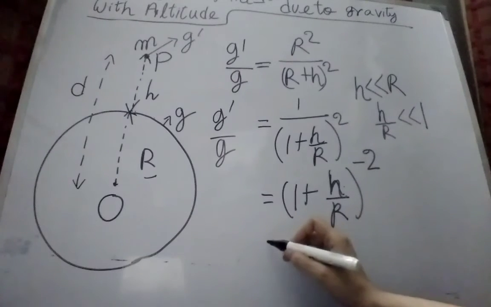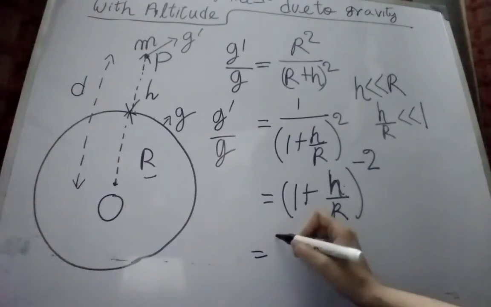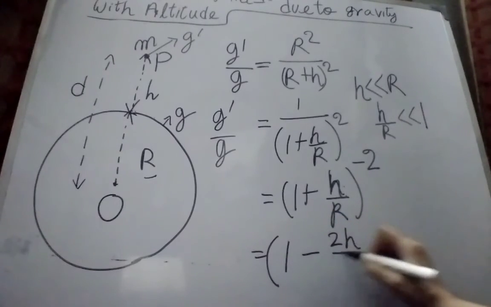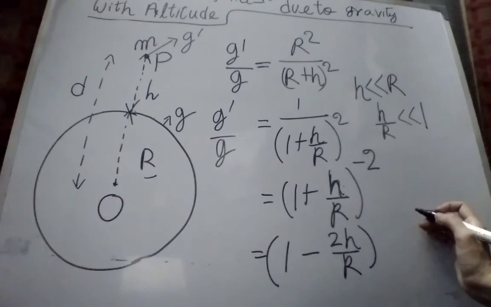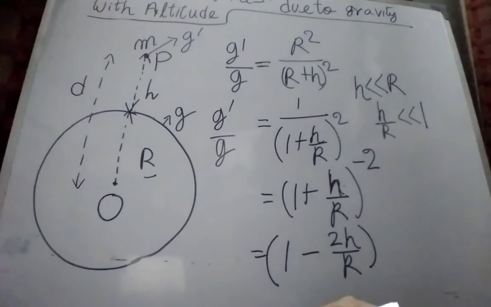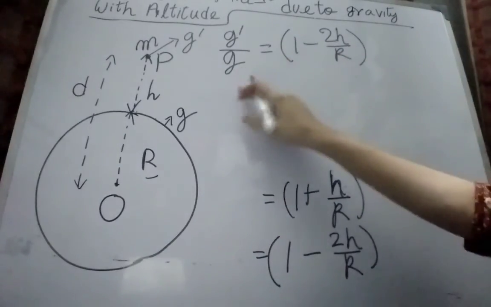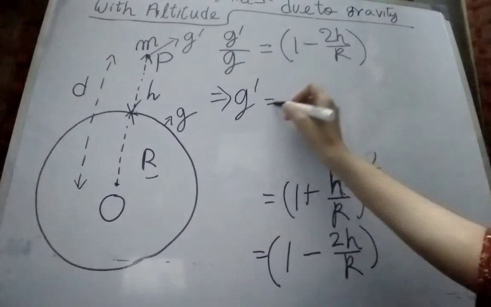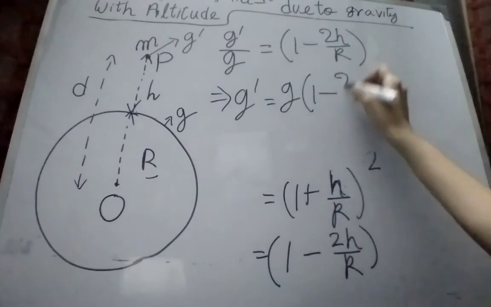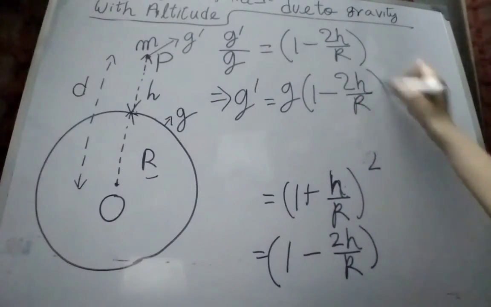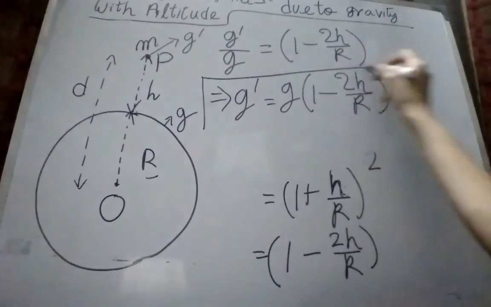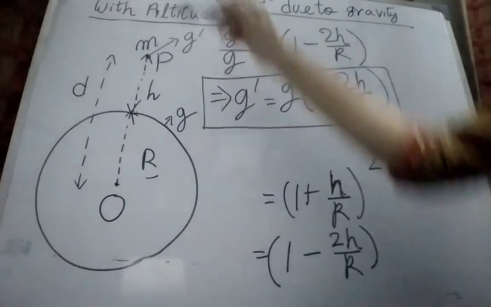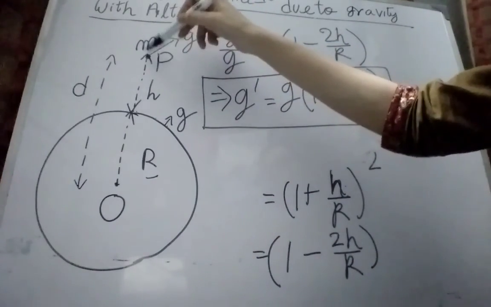So using binomial expansion, we can write it like 1 minus 2h by R. From here we can say that g dash by g equals 1 minus 2h by R, and we can write g dash equals g into (1 minus 2h by capital R). So this is the relation between the gravitational acceleration on the surface of the earth and the gravitational acceleration at a height h at the point P.